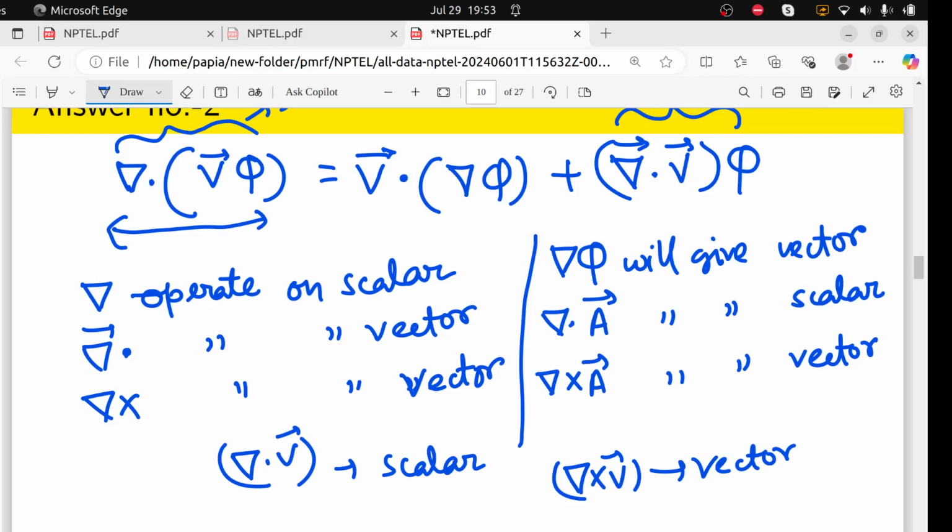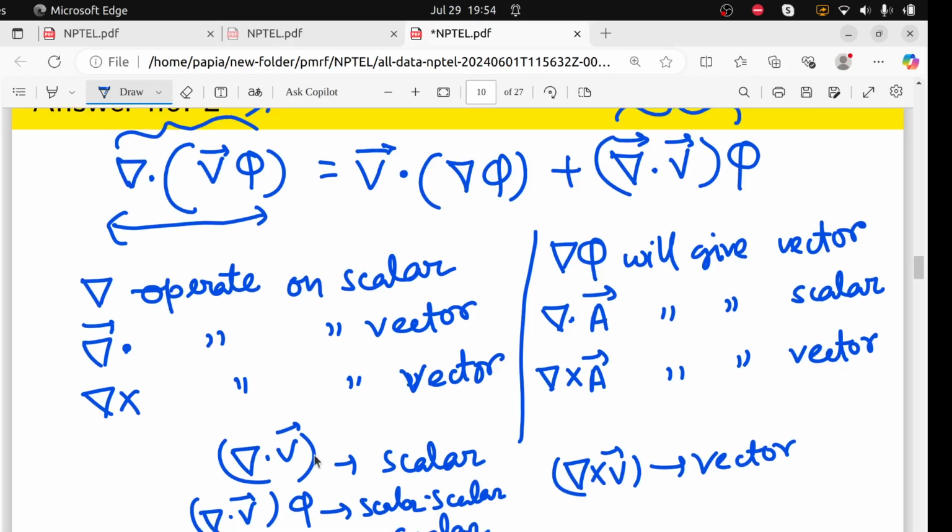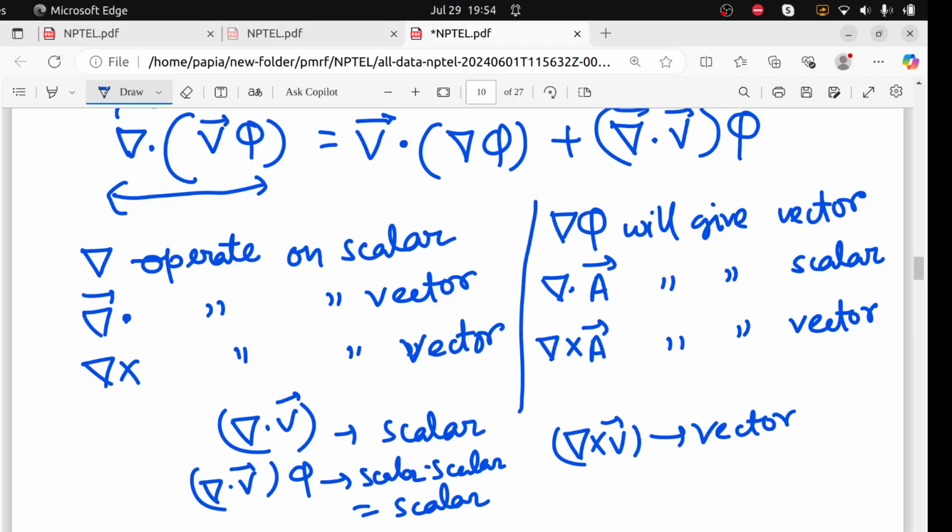Now you can see divergence of v is giving a scalar. Now let's say I have phi also, so I am simply multiplying phi. So I had a scalar into scalar, which will again give me a scalar. But let's say I am taking curl of v in my case. Curl of v is giving me a vector, and I have to do something with phi.